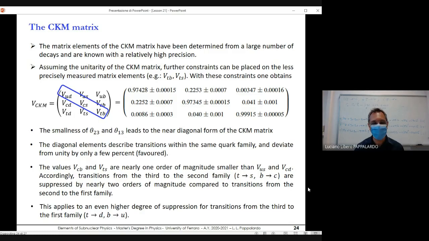And finally, this is, of course, to a higher degree when considering transitions between the 2 opposite families, from the third family to the first family, so top into down or bottom into up. These are extremely suppressed, and this is why you get such small values in the matrix elements of the CKM matrix.